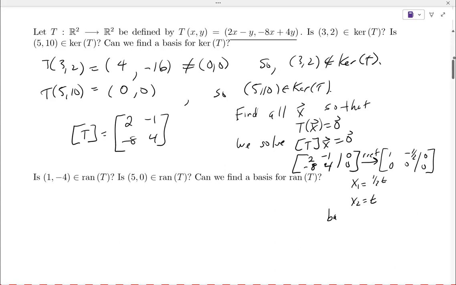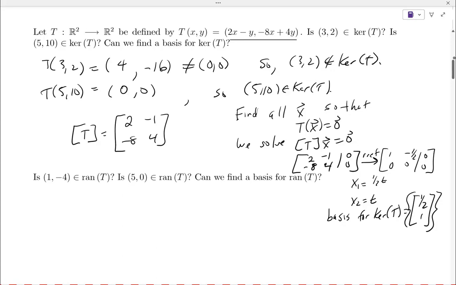So a basis for the kernel here, we'd just get rid of the t, right? So the basis would just be 1/2, 1. Or you could use 1, 2. Either of those would work, right? Any multiple of that will work.